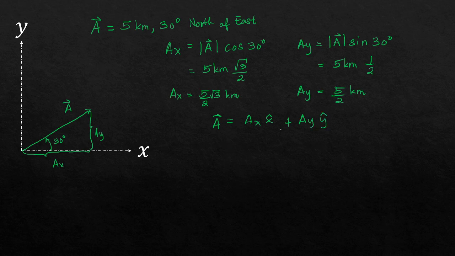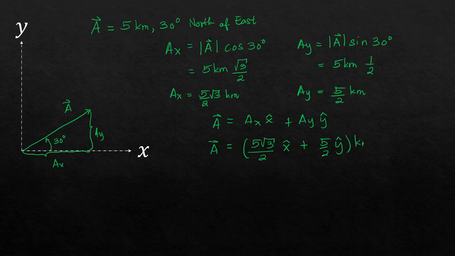So we could just easily plug in the values of AX and AY. So we have A equivalent to 5 square root of 3 over 2 X hat plus 5 over 2 Y hat.